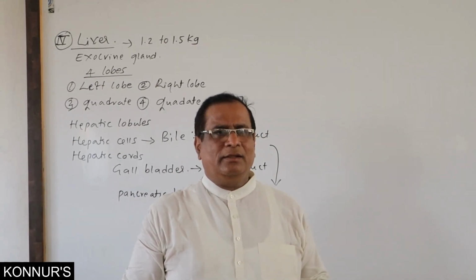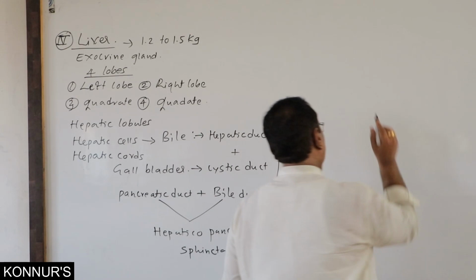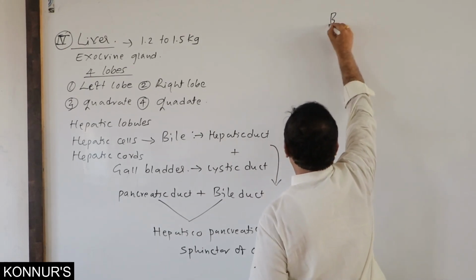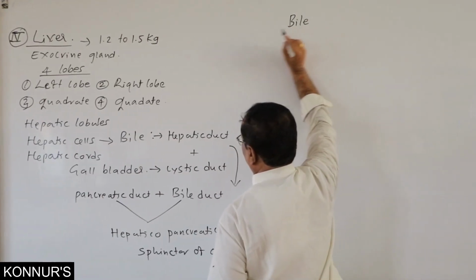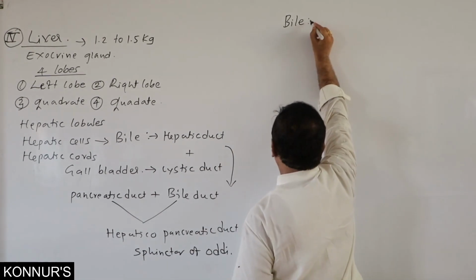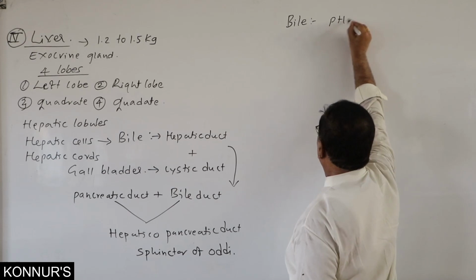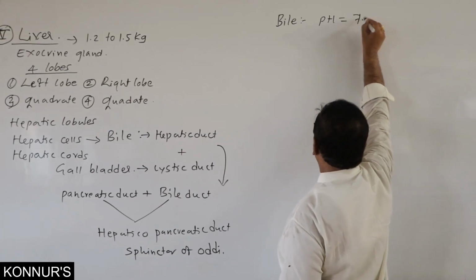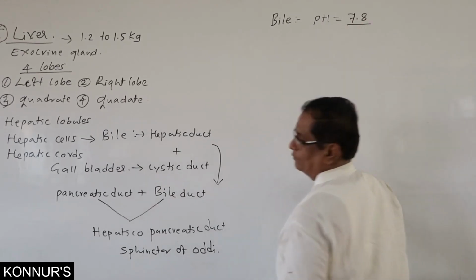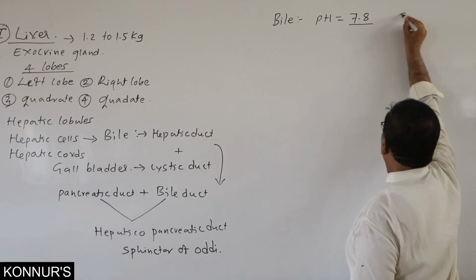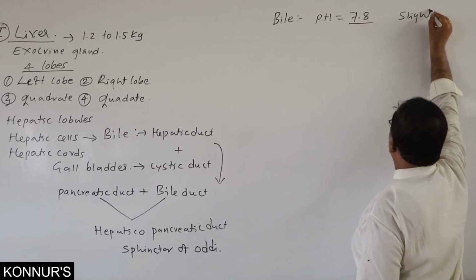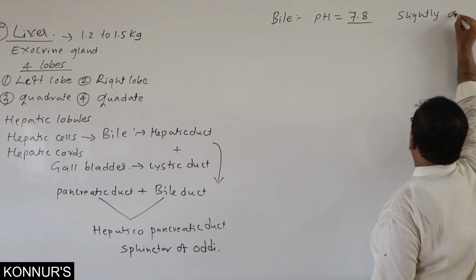Let us see the composition of bile. It is secreted by the liver, and its pH is 7.8, meaning slightly alkaline.